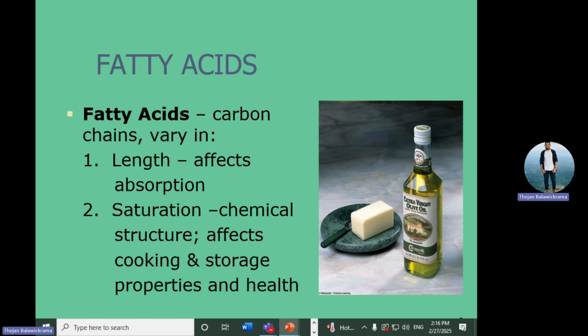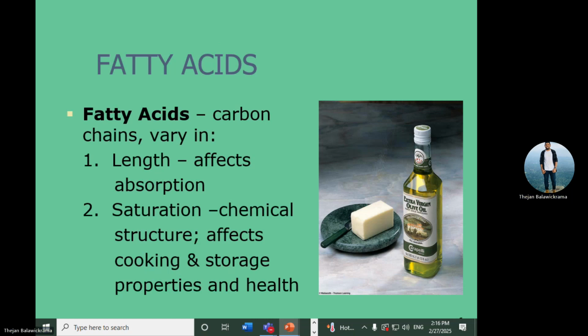So the chain length is going to be different from one fatty acid to another. In that case, when the length changes, the absorption capacity also changes. When the chain becomes longer and longer, it's difficult to be absorbed into the body.